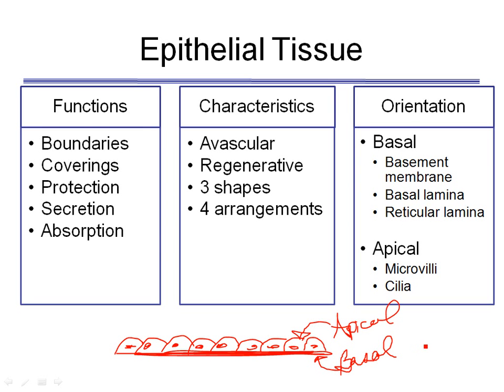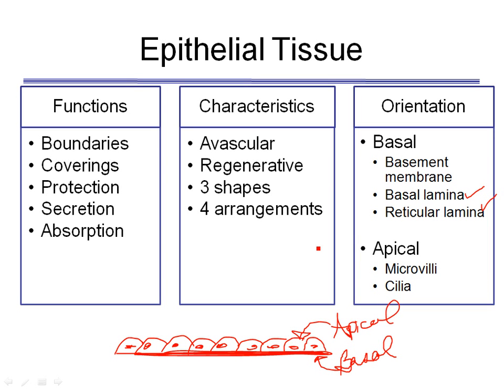Now in the basal surface, again, those cells are going to be sitting on the basement membrane. And just so you know, the basement membrane in and of itself has layers to it. Now, the basement membrane under light microscope is very thin. So most of the times you won't see it. You'll see where it is, but you can't actually see the membrane itself or its layers, but it does have sublayers.